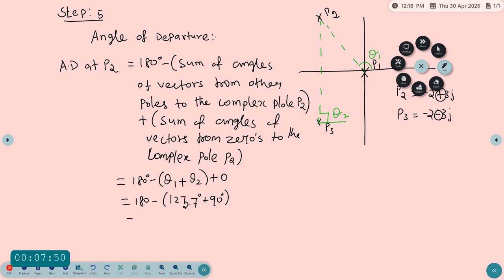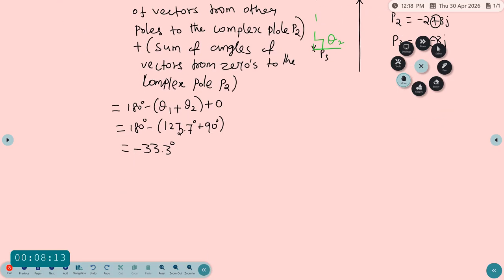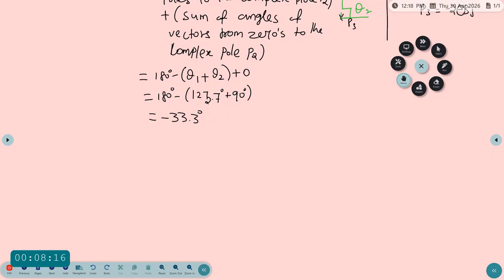If we simplify this, 123.7 plus 90 equals 213.7. So 180 minus 213.7 gives minus 33.7 degrees. This is the angle of departure at P2.